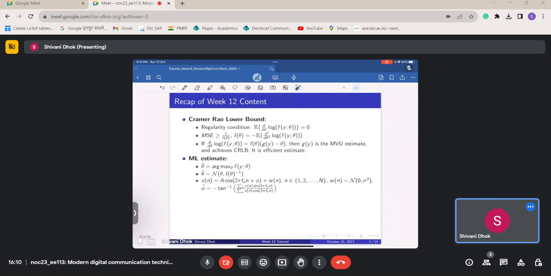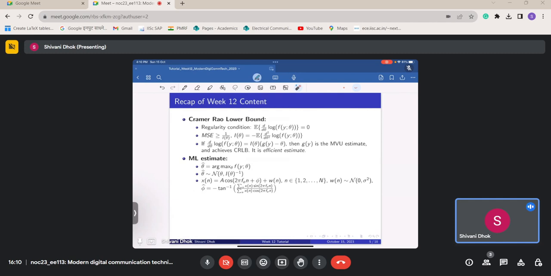After that, in order to understand further concepts like time synchronization and carrier phase synchronization, the next thing that was introduced were two major concepts of estimation theory, which are the Cramer Rao bound and ML estimate.